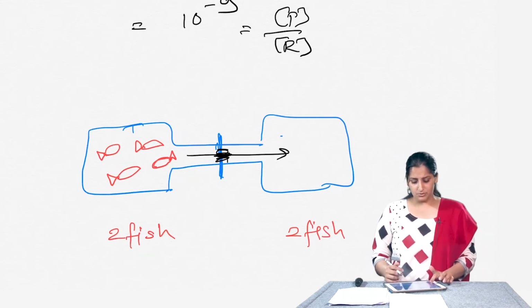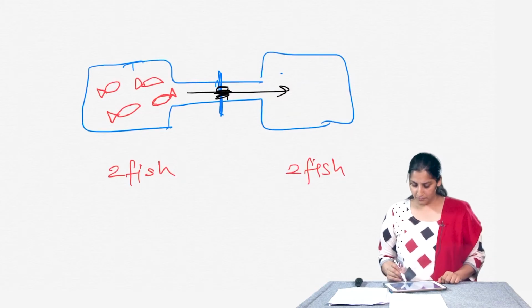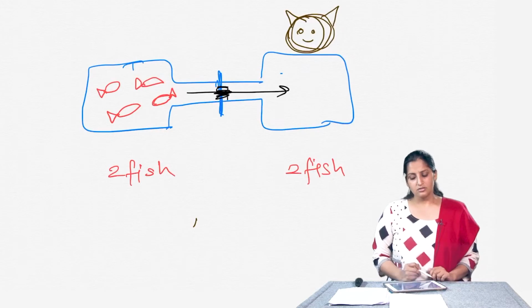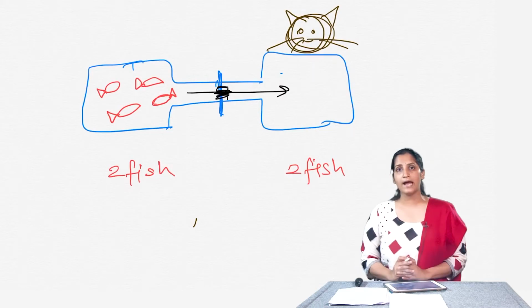Now, imagine a situation wherein you have the same fish tank, right, but now you have a cat sitting on one of the sides, which is ready to eat these fishes, right. So, this particular cat, do you think the fishes will travel close to the cat?